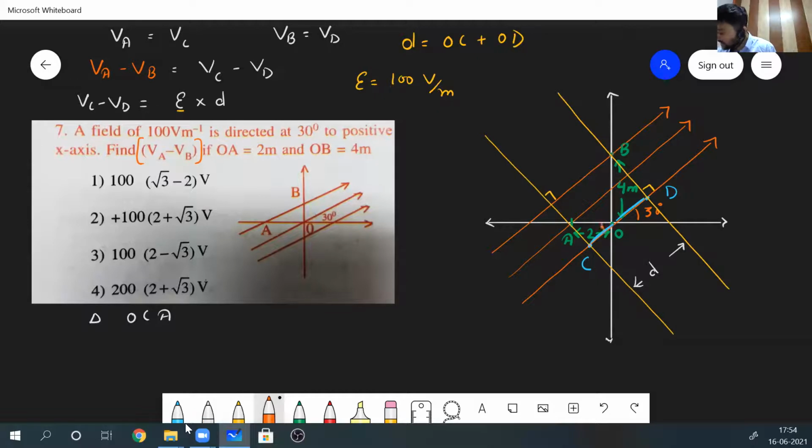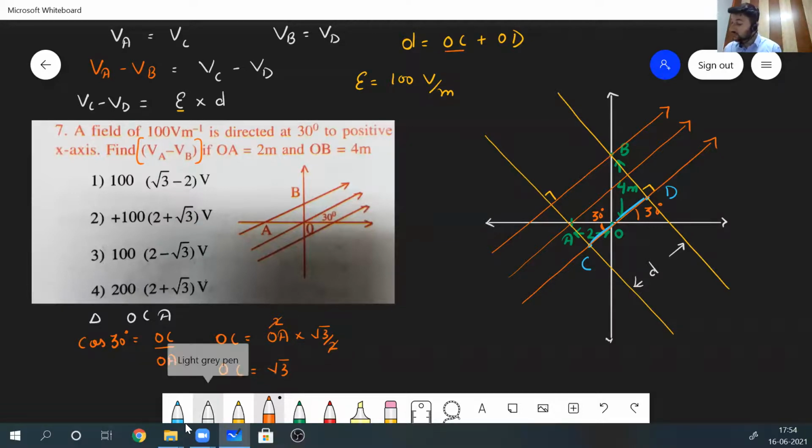What is cos 30 in this triangle? Cos 30 is base OC divided by the hypotenuse, that is OA. Solving for OC, that is OA cos 30, where cos 30 is root 3 by 2. Now we know that OA is 2. If we put the value of OA as 2, 2 and 2 will cancel out and we get that OC is equal to root 3.